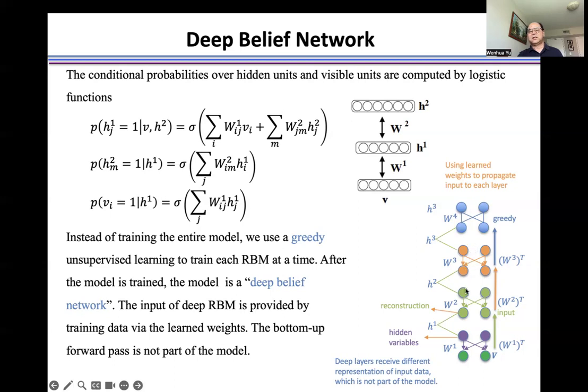We only need to train the backward path because the forward path is not a part of the model. We use the forward path to provide the initial value of each deep restricted Boltzmann machine using the trained W from the training data.